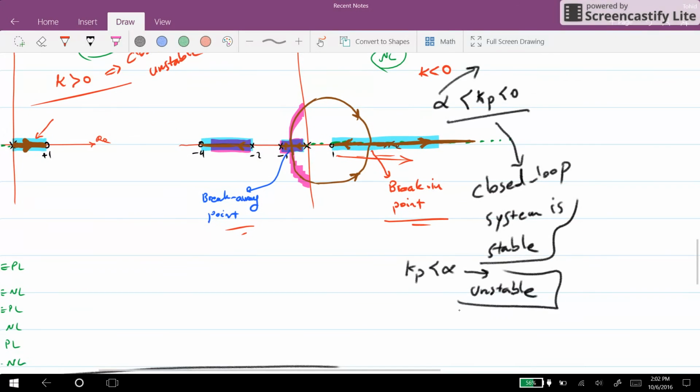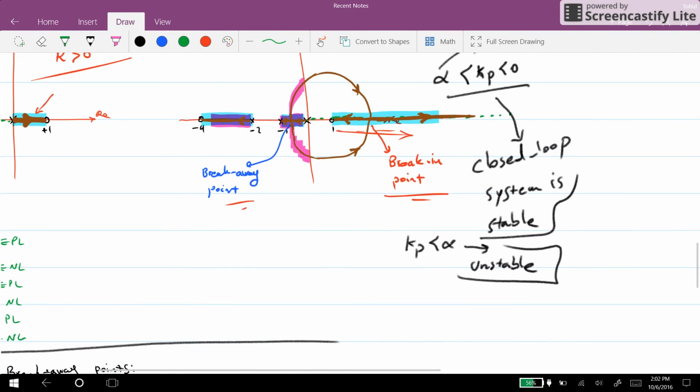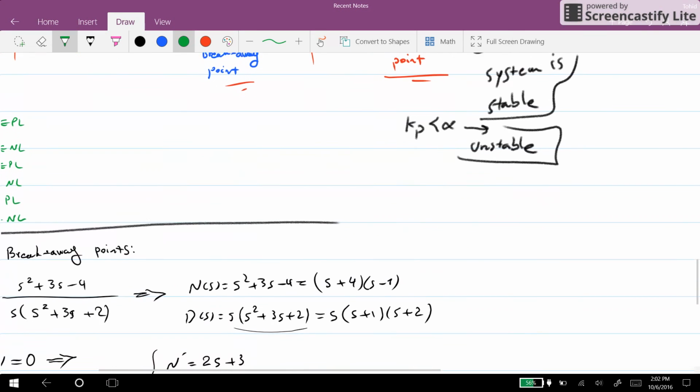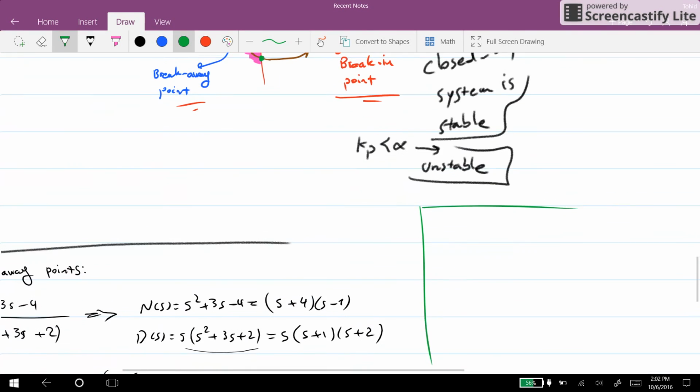So let's see how we can find the value of the alpha. One way to do it is to use the Routh-Hurwitz criteria. We can form the Routh table and find out the value of Kp for which we are at these points. So let's do it maybe here.